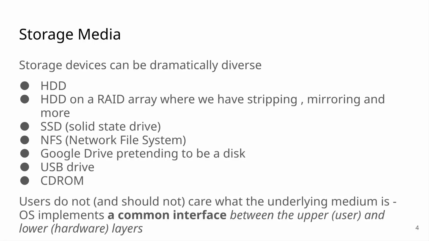On the storage media, on the other side of that equation, there can be multiple options. We might have hard disks, as we say here, HDDs, or hard disks on a RAID array. RAID means a redundant array of inexpensive disks. It is a way to chain multiple disks together so that we can have things like mirroring or striping or other operations.